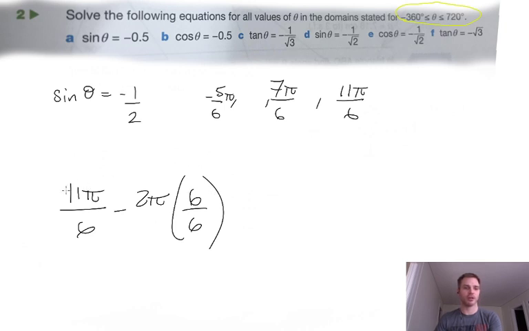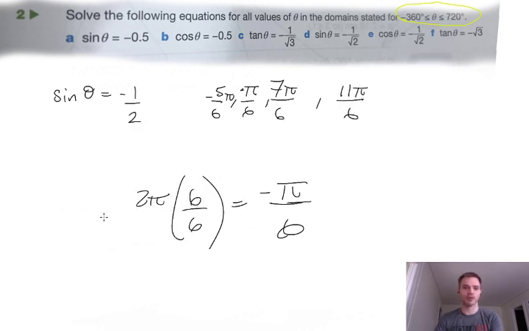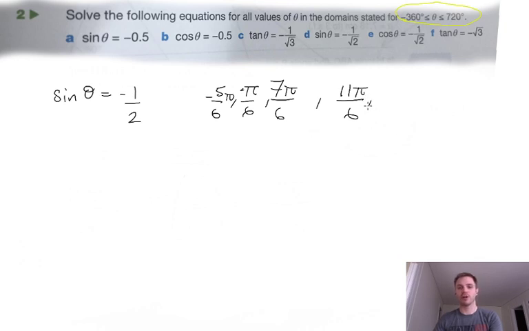That's the trick, okay? 11 pi over 6 minus 12 pi over 6 is equal to negative pi over 6, okay? So this is going to be in here. And you can see also that that's in that negative 2 pi to 0 range, which is the same as negative 360 to 0. Okay, so now we need to go into the next cycle.